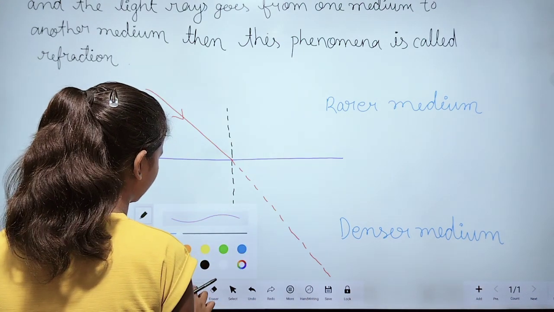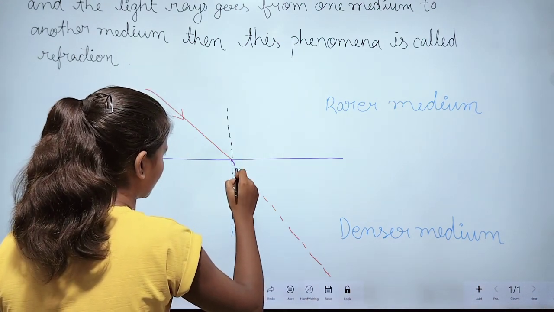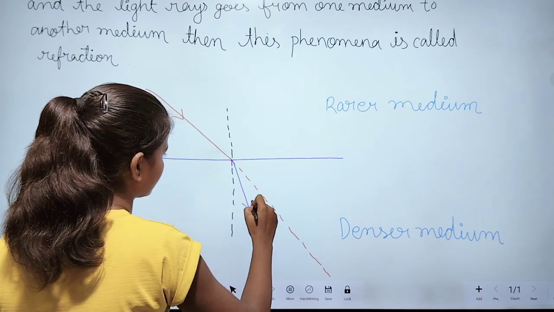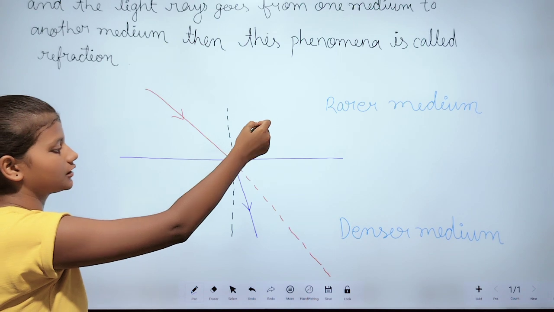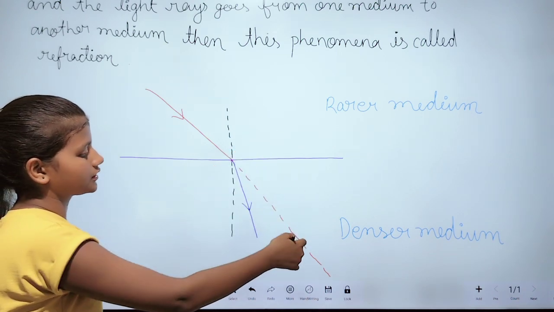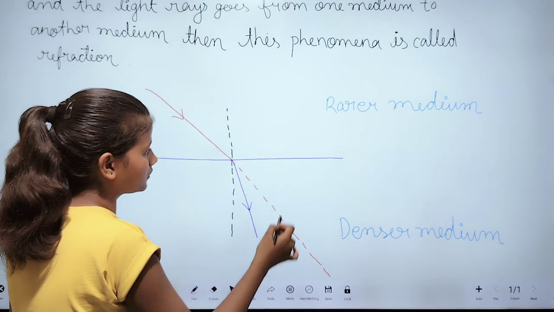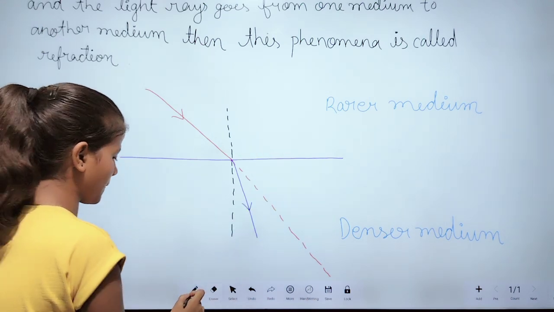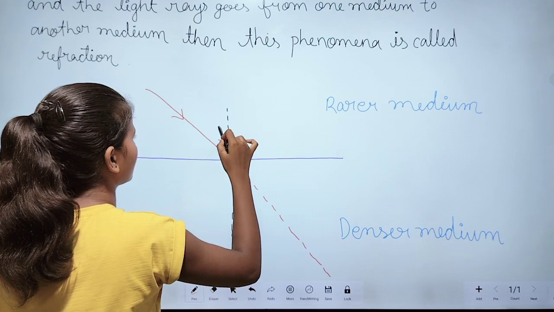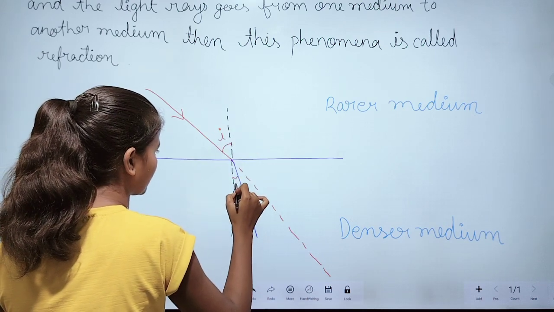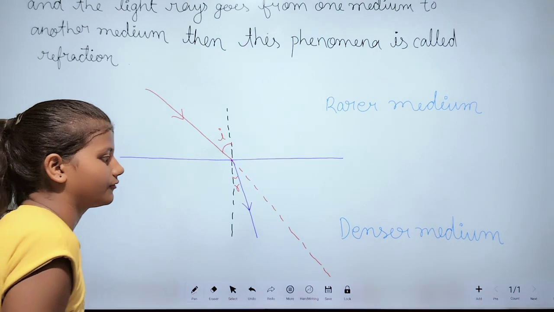So this light ray bends toward the normal because it goes from rarer to denser. This one is the angle of incidence and this one is the angle of refraction.